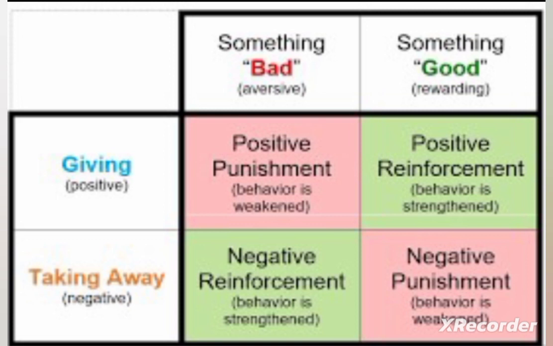Next is negative reinforcement. Reinforcers that strengthen the behavior by its disappearance are called negative reinforcement. For example, if a child is scolded for not cleaning his mouth after eating sweets, he cleans his mouth after the scolding. Such a child is more likely to clean his mouth in future.